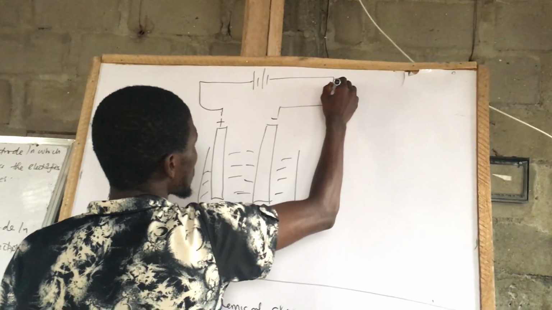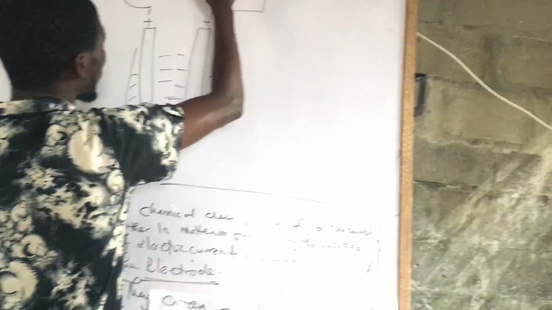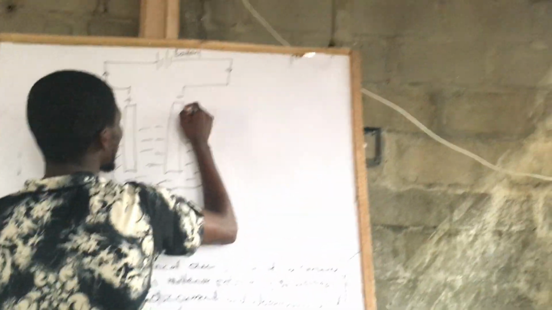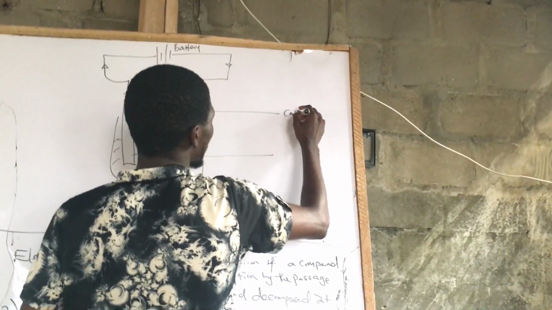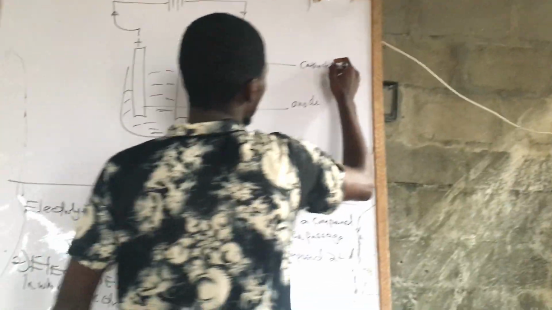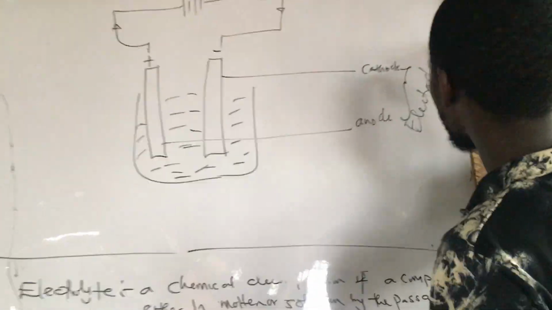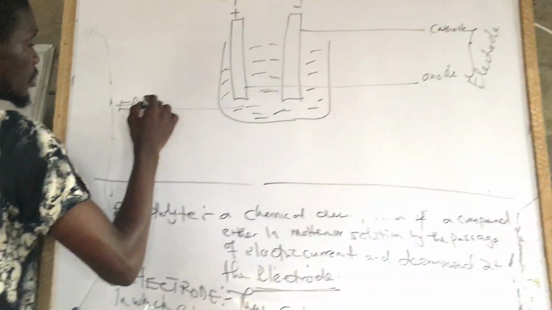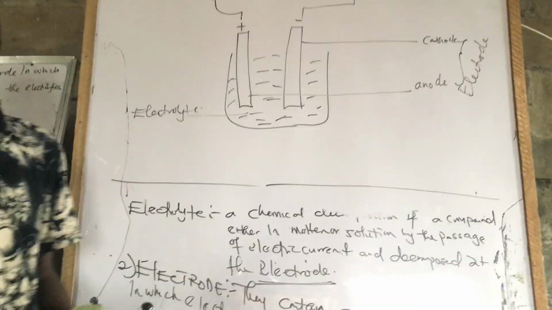We call this one the electron flow, while this one is a battery. The cathode, the anode. So we call these the electrodes. Then what we have inside is our electrolytes. So this is a simple electrolytic cell.